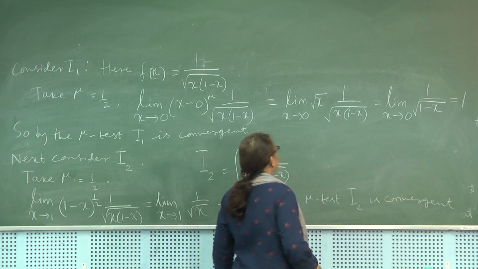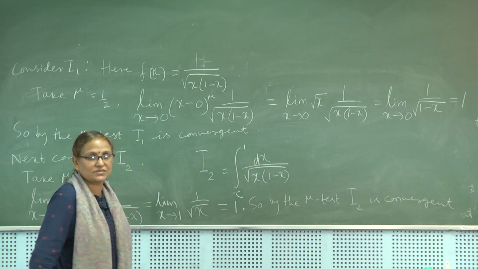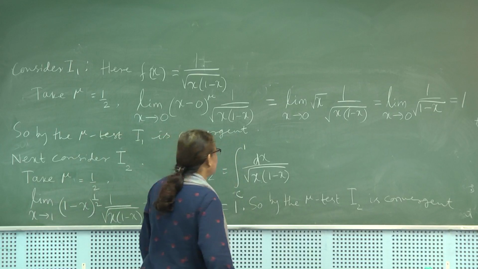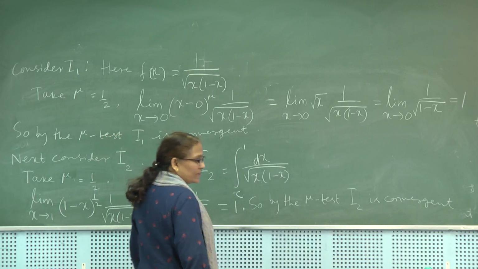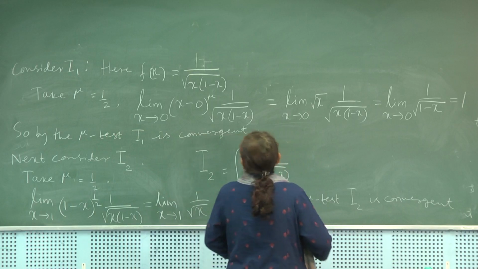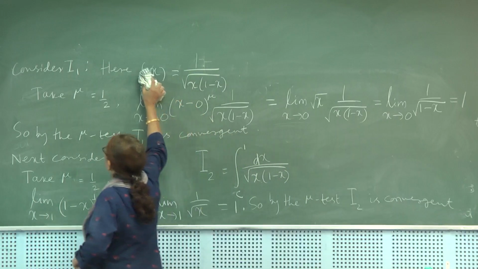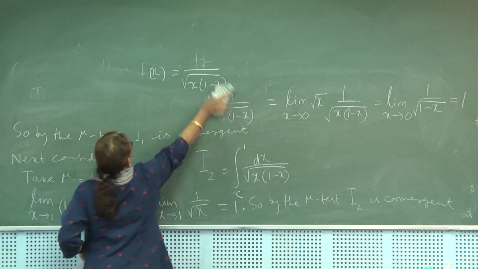We have got that both I1 and I2 are convergent, and hence the given improper integral in this example is also convergent.